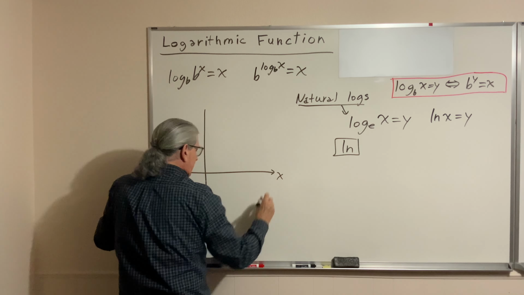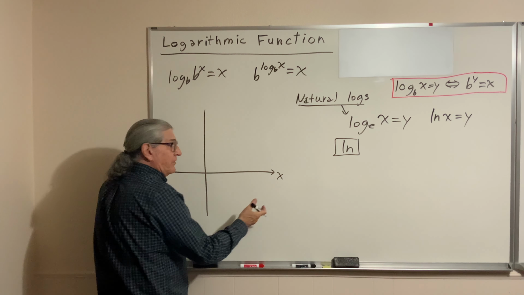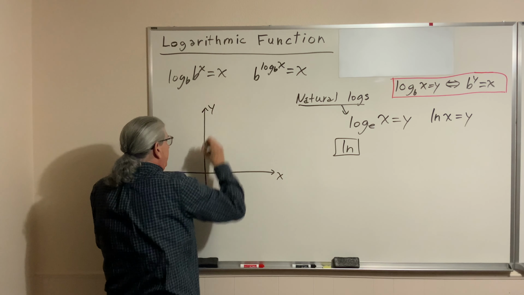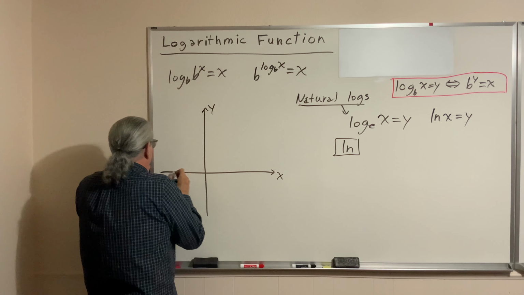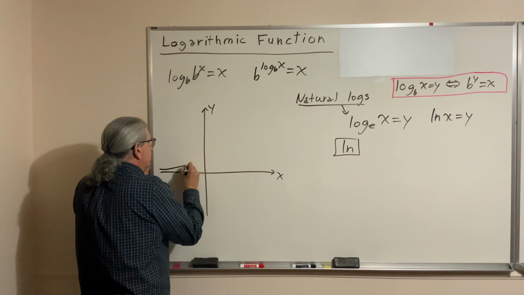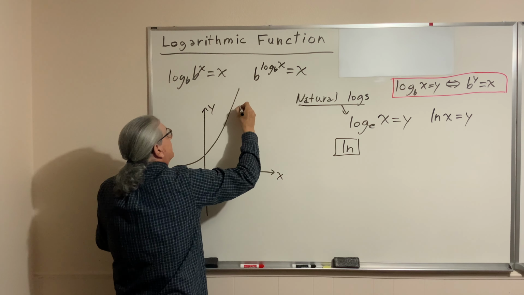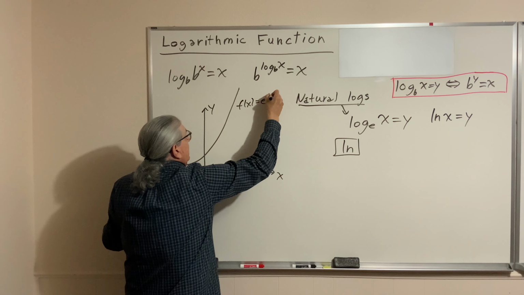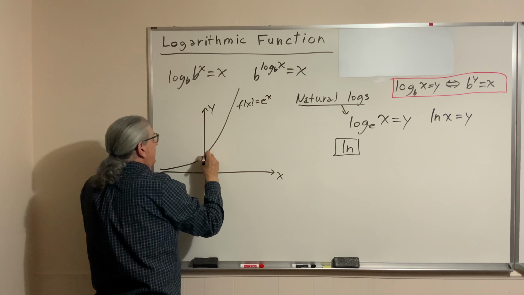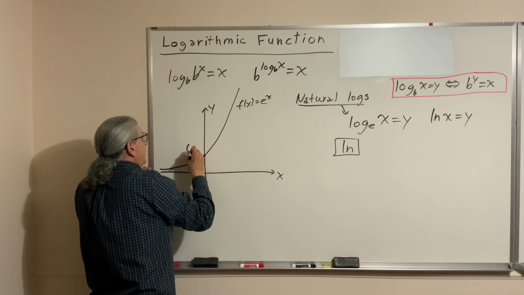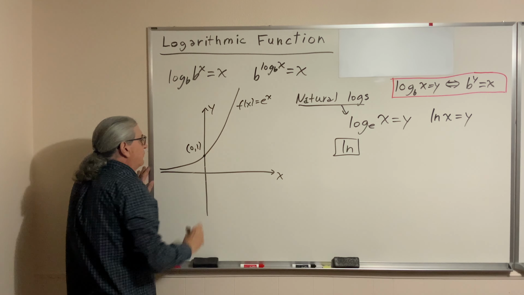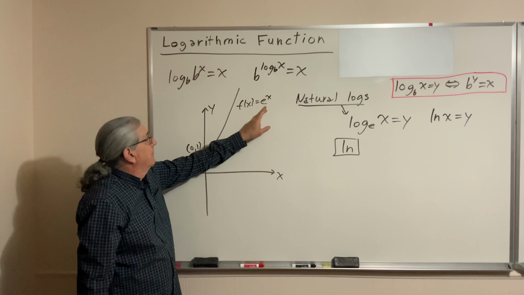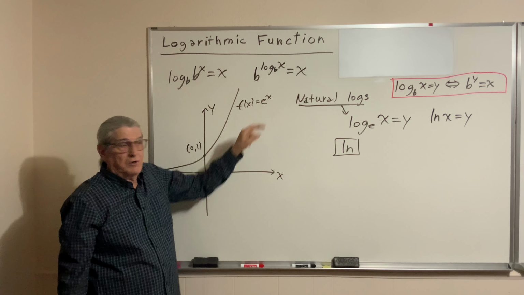If this is x and this is y, and we take the exponential function, you remember this looks kind of like this. This is f of x equals e to the x. And this point here is where x is 0 and y is 1. It's the y-intercept. E to the 0 is just 1.